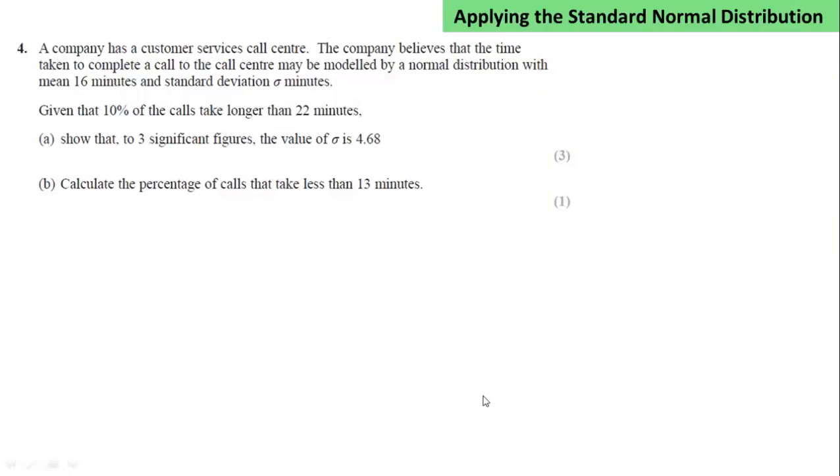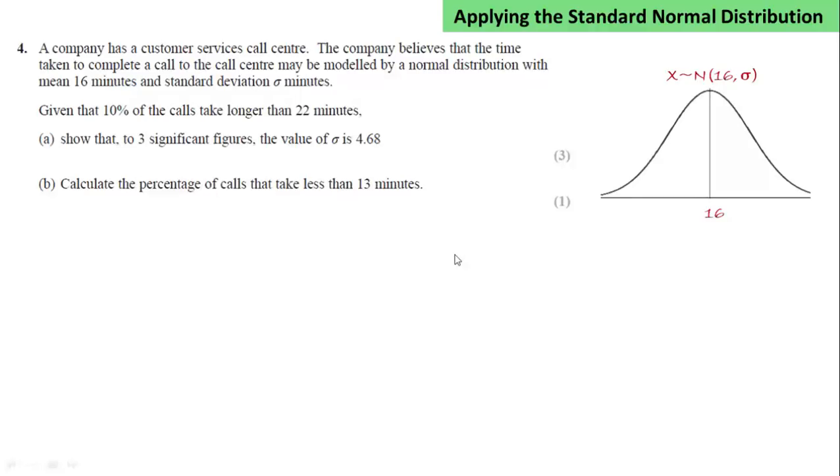Okay, let's move on. The next question is about applying the standard normal distribution. It says a company has a customer services call center. It believes the mean time is 16, doesn't know the standard deviation. However, it knows that 10% of the calls take longer than 22 minutes.